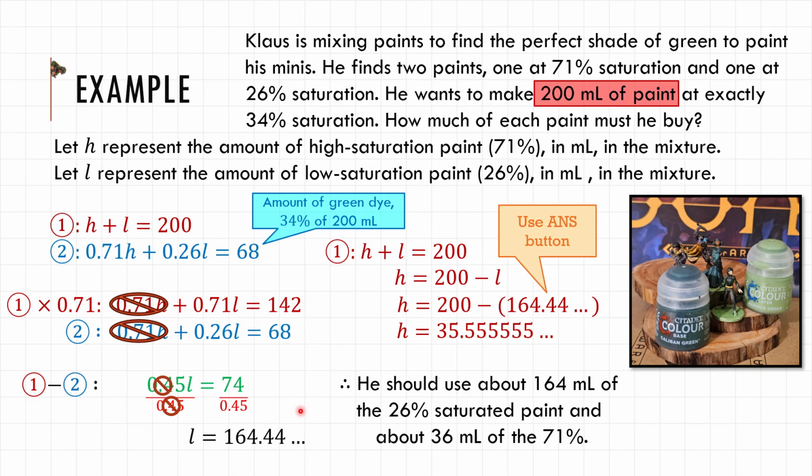I rounded these to the nearest whole because the question didn't tell me exactly how many decimal places to round to, but I figured it'd probably be very difficult for Klaus to get a degree of accuracy that's stronger than 1 milliliter. And so that's my answer for this question. Hopefully, Klaus is able to find that perfect shade of green that he's been looking for.